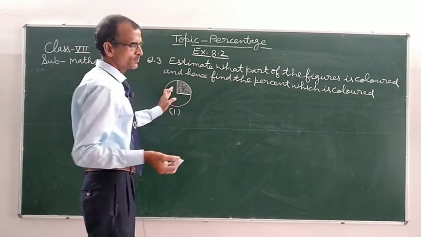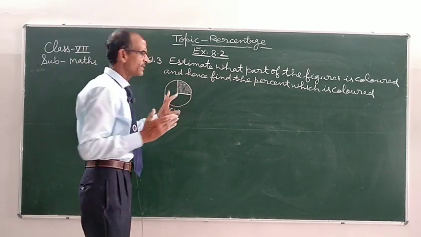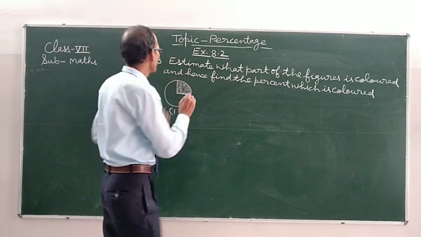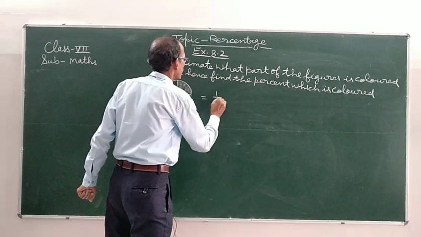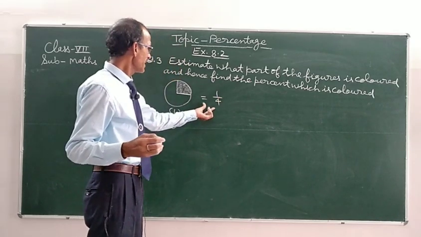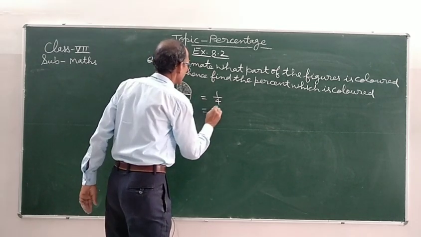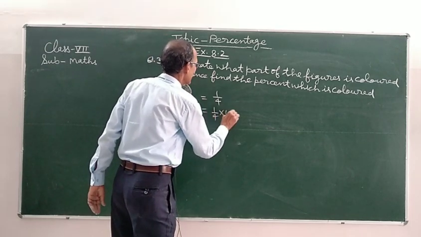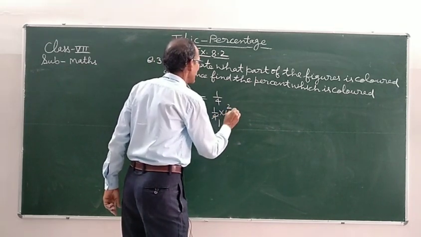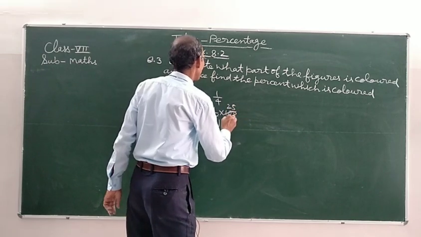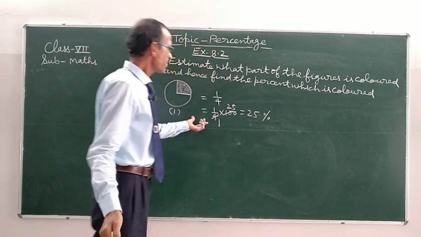We see that this is the 1/4 part of the circle. Okay? This is equal to 1/4. And when we convert it into percent, we will get 1/4 multiplied by 100. Simplifying, 4 1 ja 4, 4 2 ja 8, 2, 4 5 ja 20. We will get 25%. Okay?